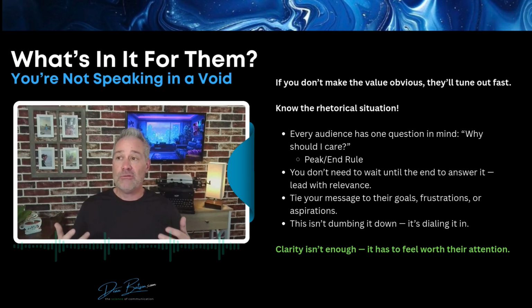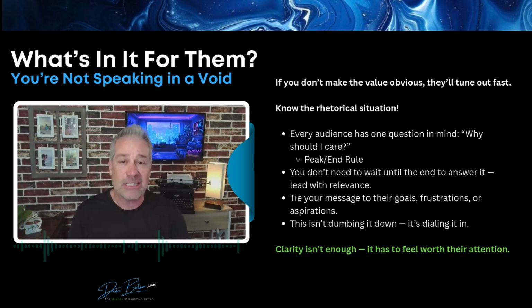So make sure that you say, okay, what's in it for them? And then what are their goals? What are the things that they're going to sink their teeth into? And so you want to tie the message to those goals. So this isn't dumbing down your message. It's dialing it in to your audience.